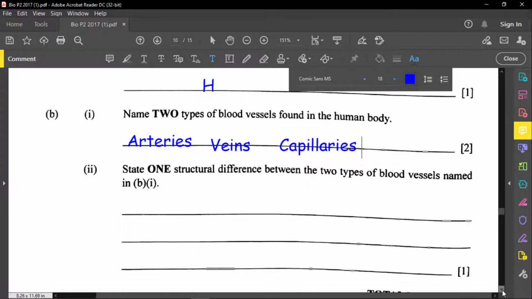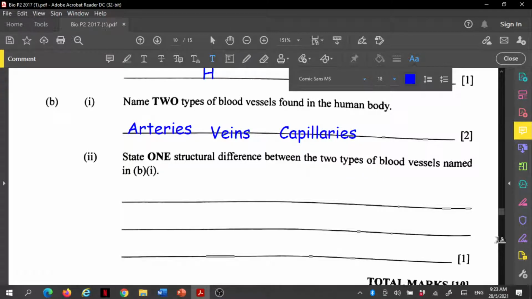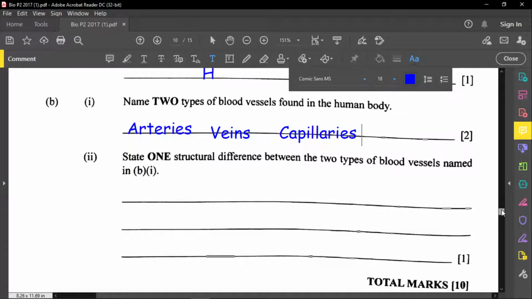Now part two of this question says: state one structural difference between the two types of blood vessels named in B1 above. What are you going to do now? Easy way to do this: I'm going to give you more than one difference. Let's just compare the veins and arteries.